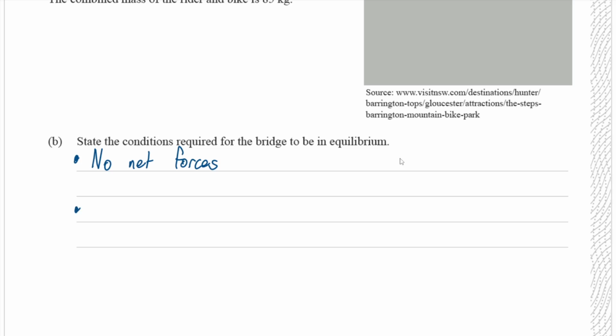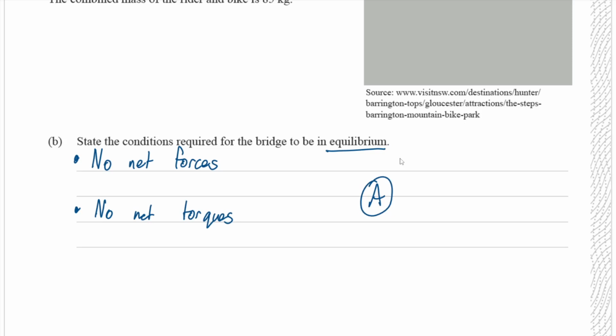But in level 2, we also learnt about torques, which is a force applied at a distance, which causes something to rotate. So for it to be in equilibrium, there must also be no net torques. And that is an achieved question.